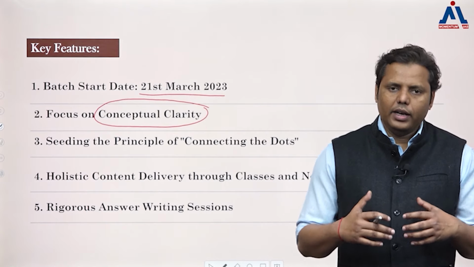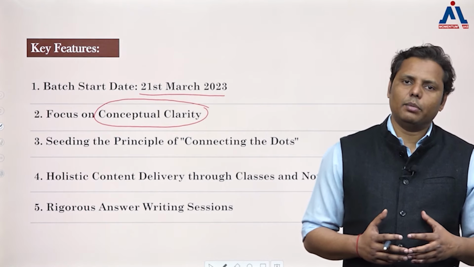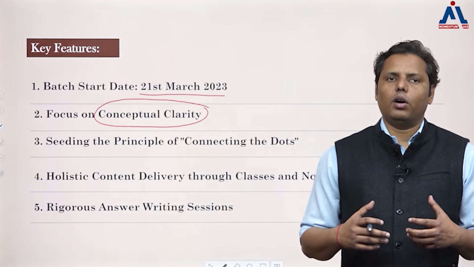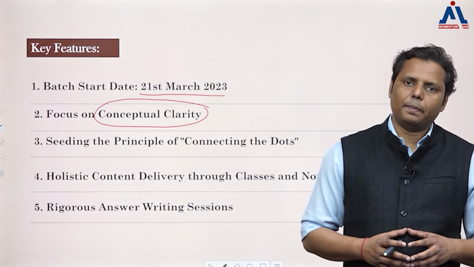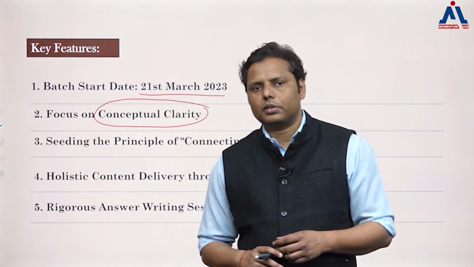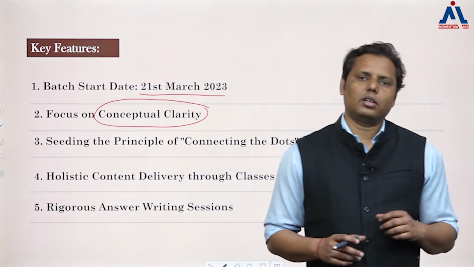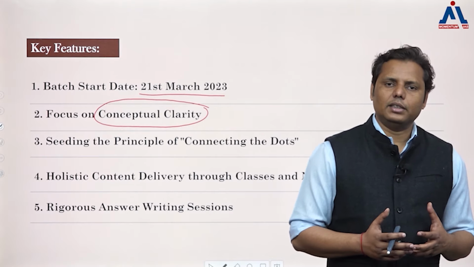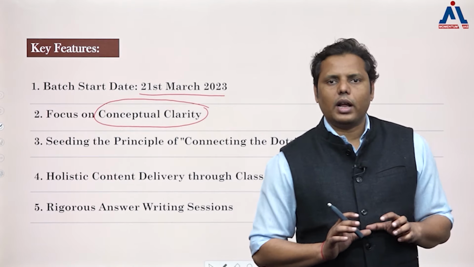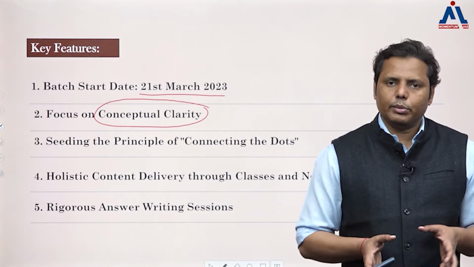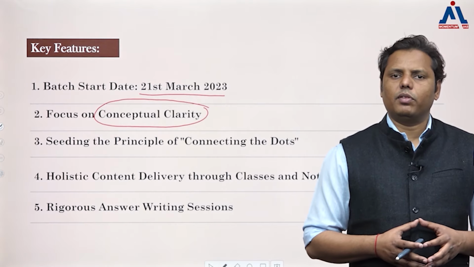So if you really need to perform well in the UPSC examination, you have to develop your conceptual clarity. Specifically in history optional, in paper 1, the number of conceptual questions is gradually increasing. Until and unless you have a very good hold over the concepts of the subject, you won't be able to perform very well.